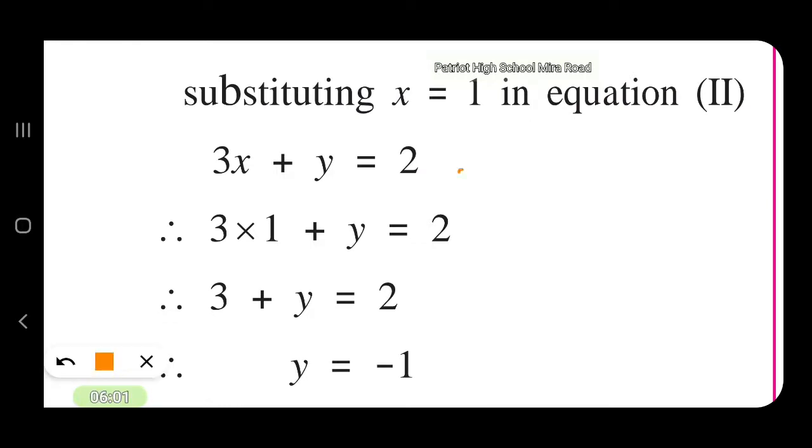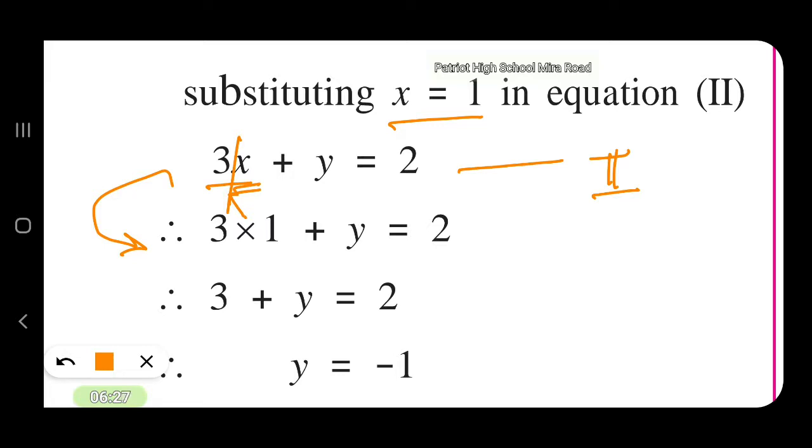We have this equation number 2. In this, we know now that x is equal to 1. So substitute this in the next step. Instead of writing x, you can write 1. Here there is no multiplication sign between these two, but it means that it is multiplied. 3 multiplied by x.